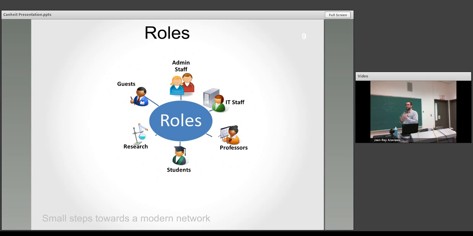Based on those credentials, he's going to be attributed the role that is configured through Active Directory, and from there he's going to have access to his resources. We're also aiming to do the same thing at the wireless and remote access level. So whether he's at home, on campus, or working in a hotel, he'll always have the same level of access.